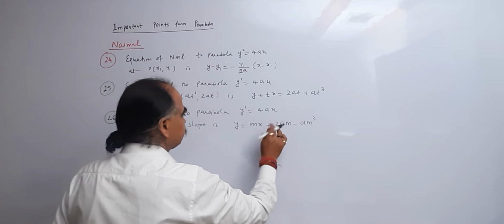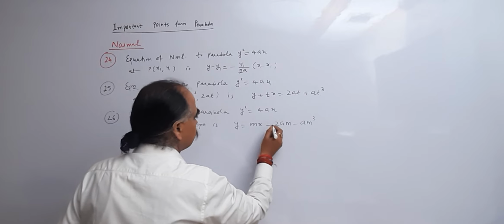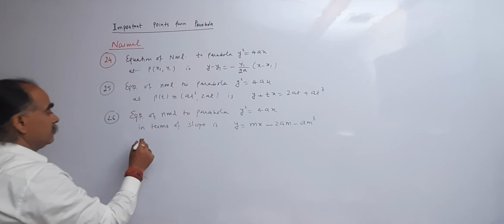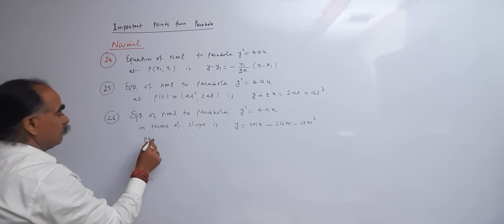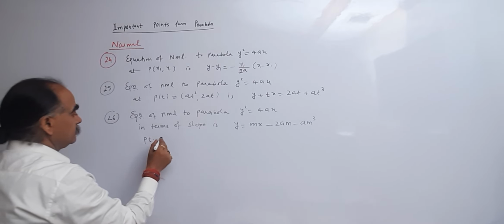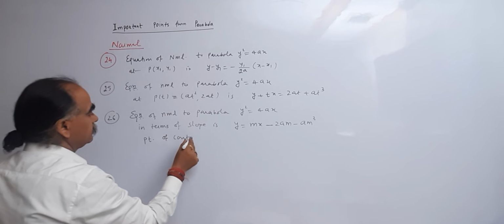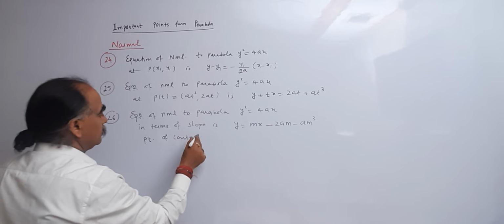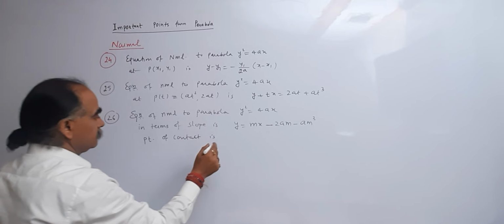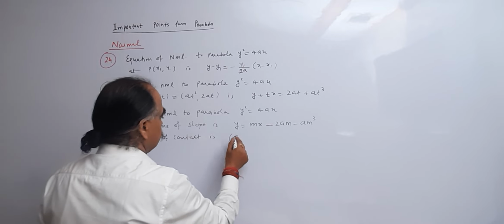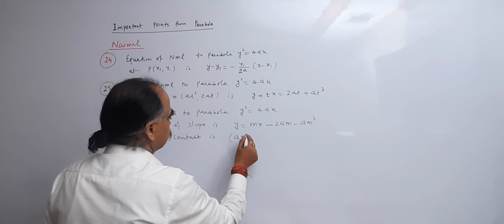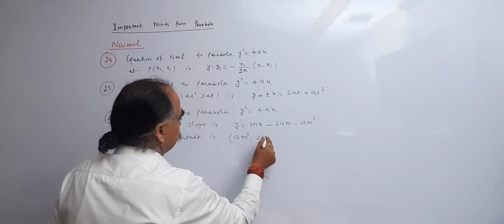Sorry, this is minus 2am minus am cube. Point of contact is (am square, minus 2am).